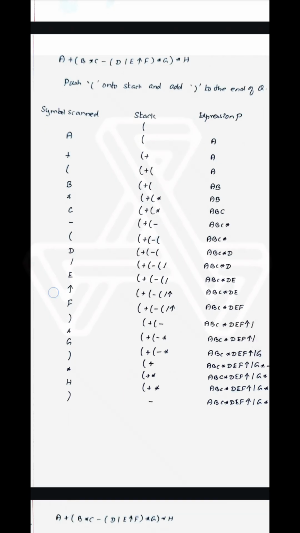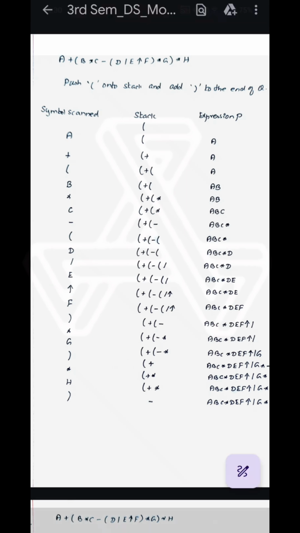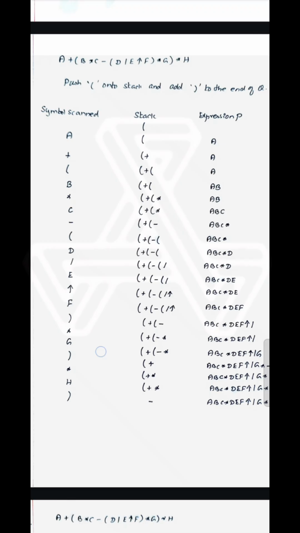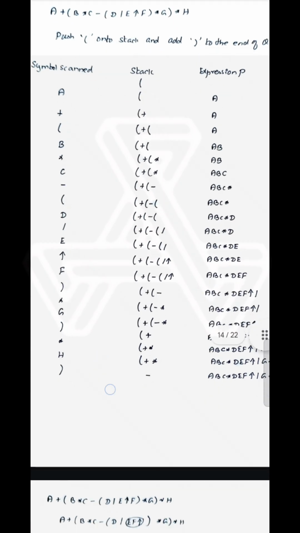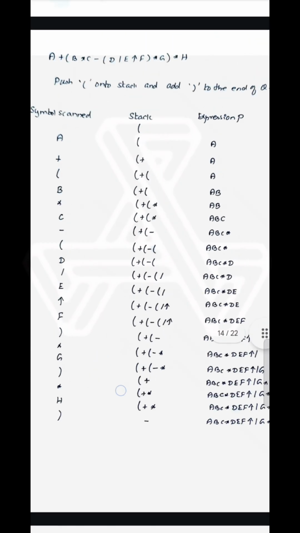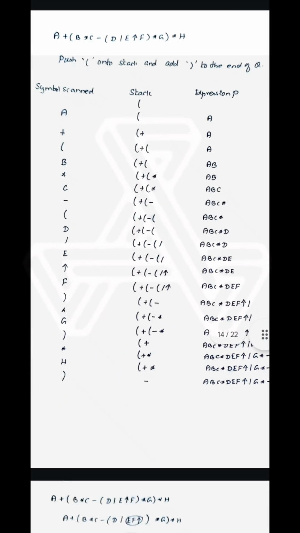Then bracket open again, T comes to the expression, divide symbol, then comes E, then comes this arrow. Arrow is nothing but power. Power is greater than the division symbol, so it is taken onto the stack.